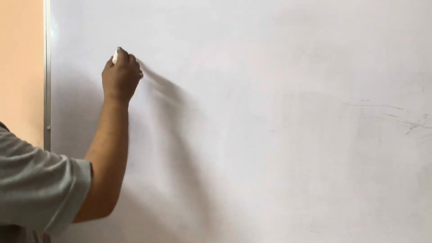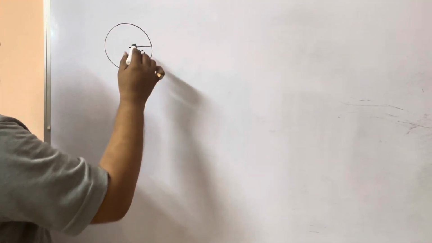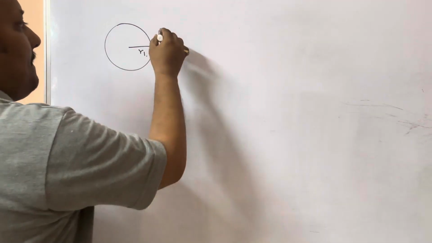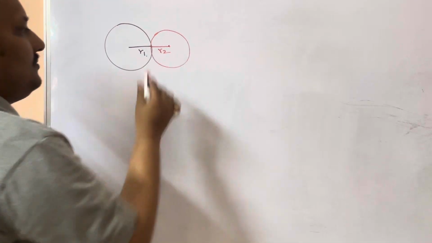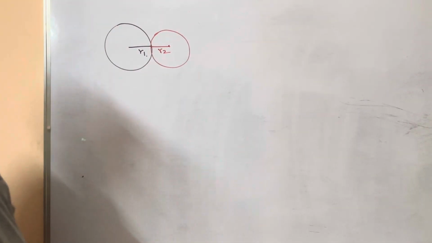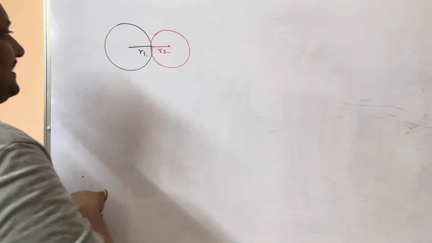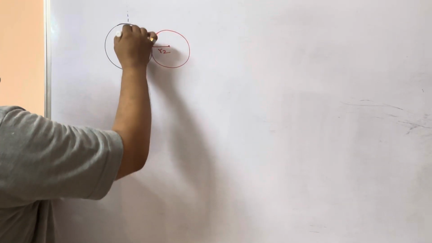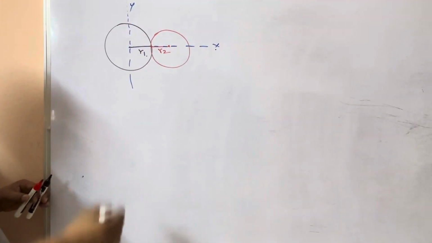Next we will see two discs, R1 and R2. Two discs, so they have given it like this. Both are made up of the same material. Then find the position of center of mass of these two objects, with x-axis, y-axis.